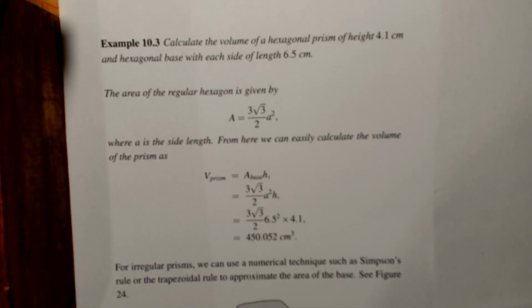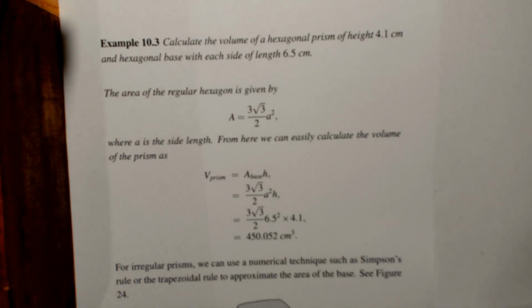Example 10.3. Calculate the volume of a hexagonal prism of height 4.1 centimeters and hexagonal base with each side of length 6.5 centimeters.